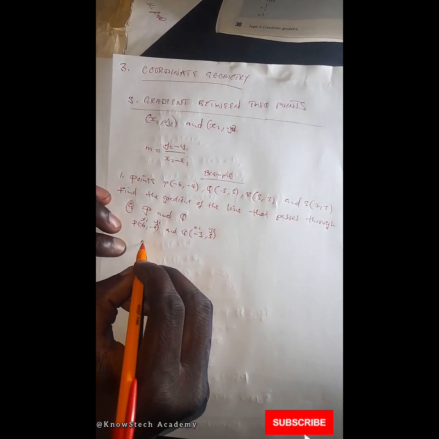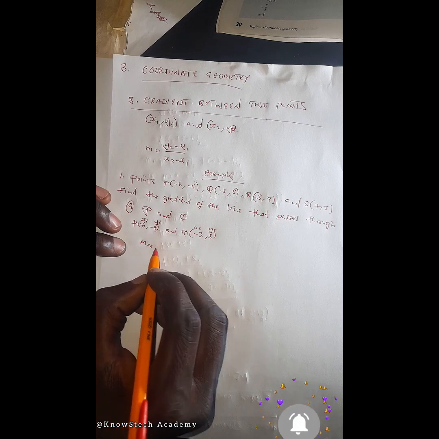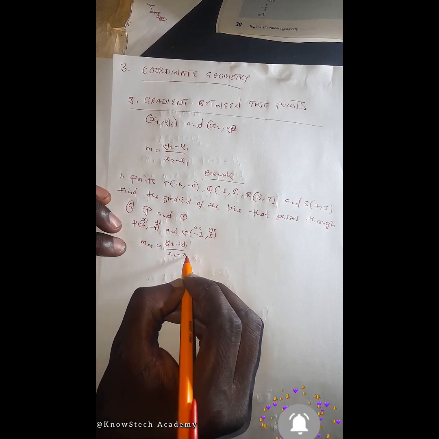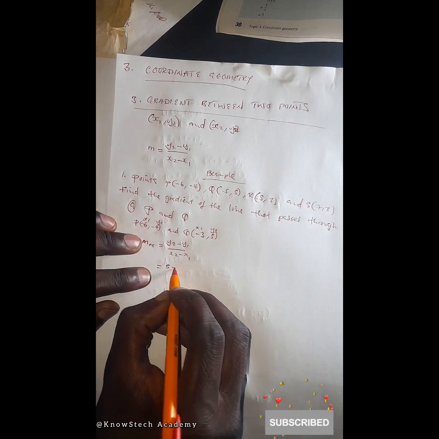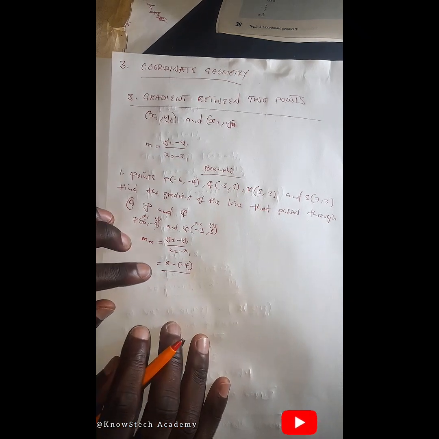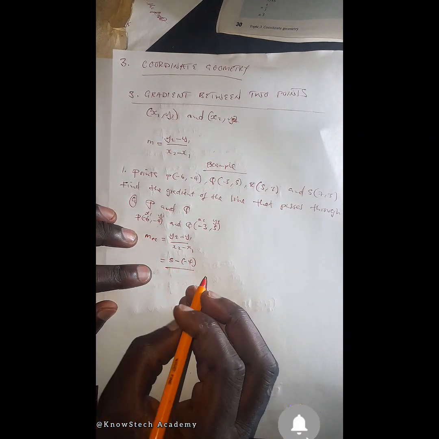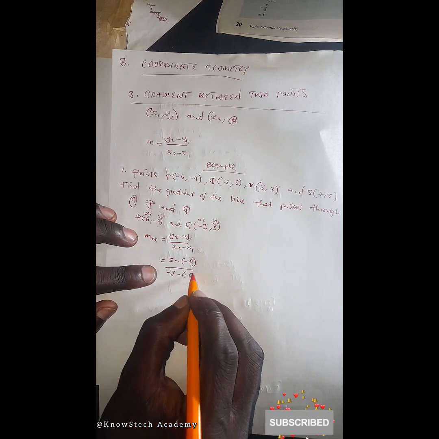The formula for gradient: the gradient between the points P and Q is equal to y2 minus y1 over x2 minus x1. Y2 is 5, minus y1 which is -4, over x2, which is -3 minus -6.